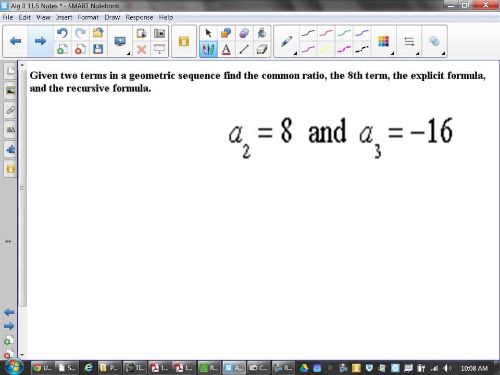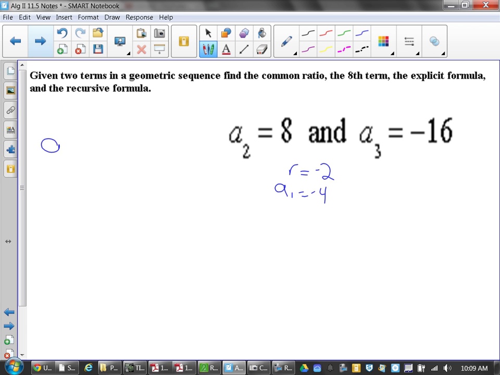So how do you figure out your first term then? It's -4. Everybody see that? Sometimes it's that easy where you're given consecutive terms. If you're given consecutive terms, do it in your head. It's quicker.